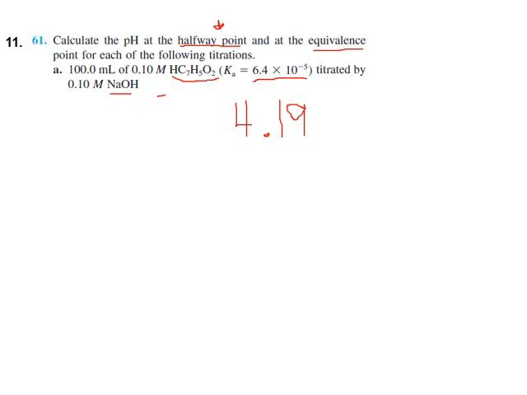When it's an acid, it's called heptanoic acid. So here, this is heptanoic acid. So when we first started off, we had 100 milliliters or 0.1 liter of the heptanoic acid, and it was 0.1 molar.